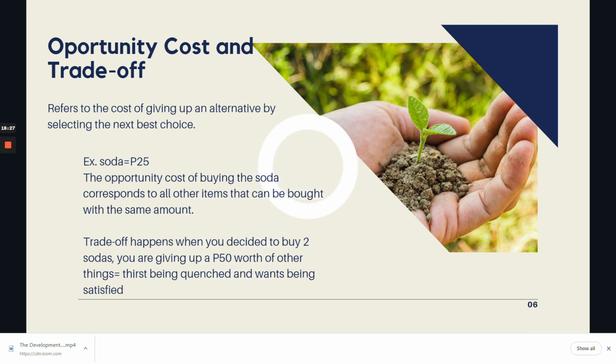Opportunity cost refers to the cost of giving up an alternative by selecting the next best choice. So murag kanang may akong pilion, ani unsa may cost sa akong gipili.